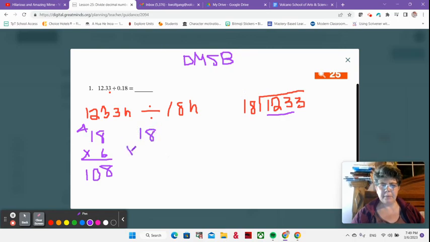And remember that we don't erase our work, because we might need that 18 times 6 later on, right? 7 times 8 is 56. Carry the 5. 7 times 1 is 7, plus 5 is 12. And that's 126, which is too big, right? So we are going to use the 108, and I'm going to put a 6 here, okay? And that would be 108.